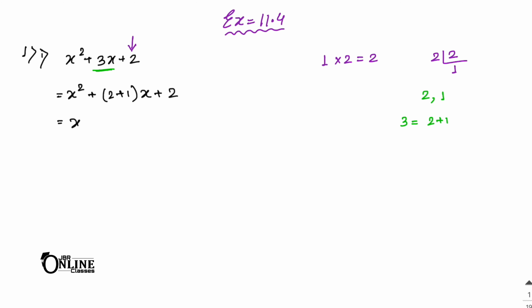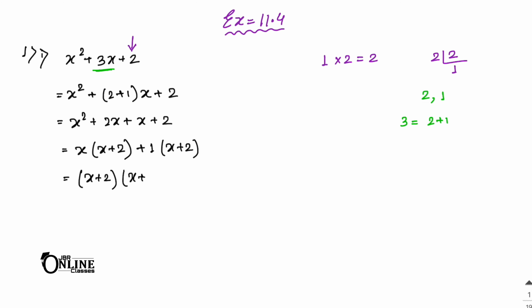Now multiply x, so it is 2x + 2. From the first two parts, if x is common, it becomes x + 2. From the next two parts, if 1 is common, it becomes x + 2. So that equals (x + 2)(x + 1) as your answer.